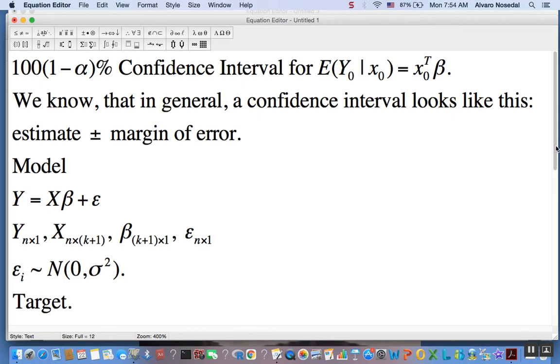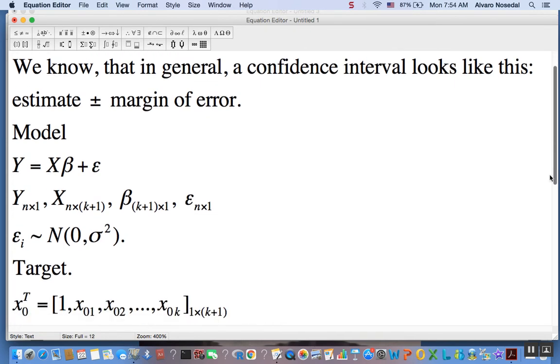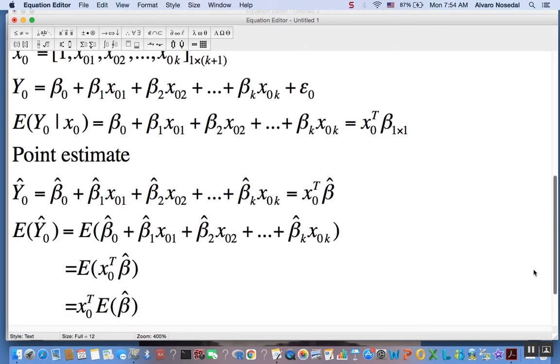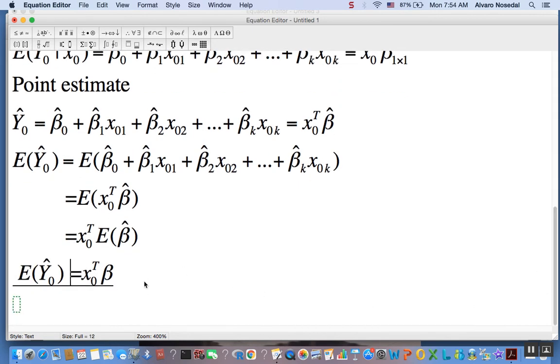So it's going to be an unbiased estimator of that quantity we're interested in.